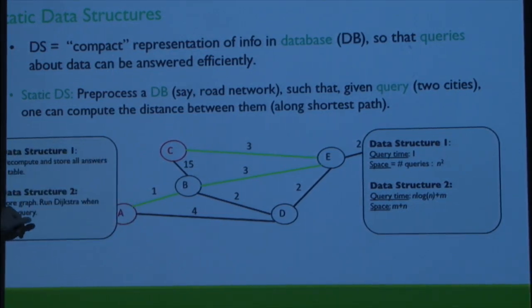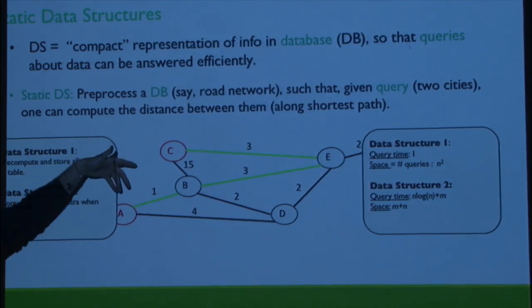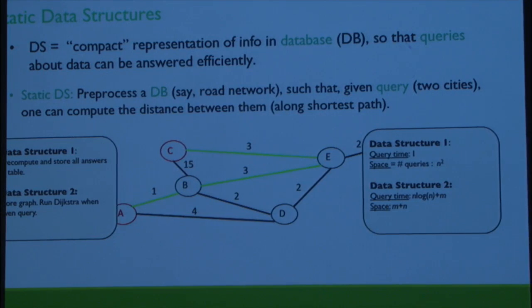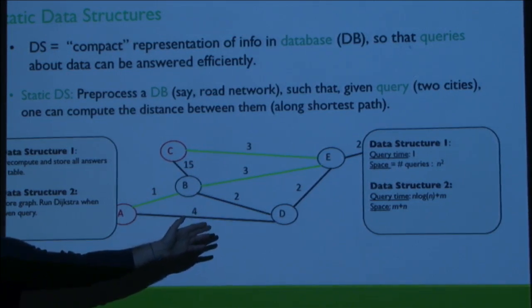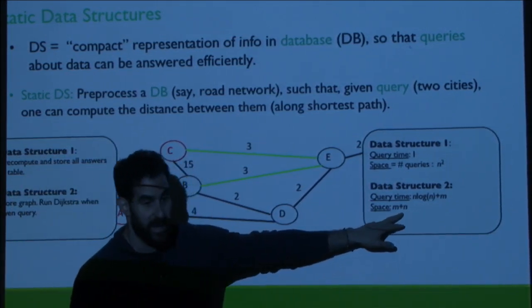The second solution is to do nothing clever, just store the database as is, and when we are given a query, we run our favorite algorithm, for example, Dijkstra's shortest path algorithm. But of course, this ad hoc algorithm might require a linear scan of the full database. So the space is ideal.